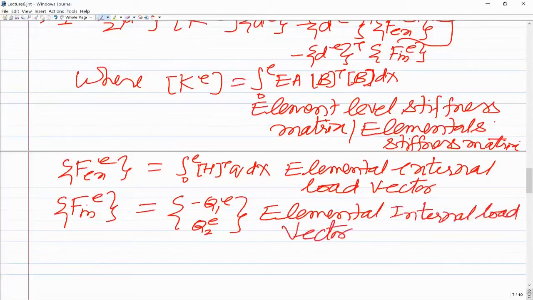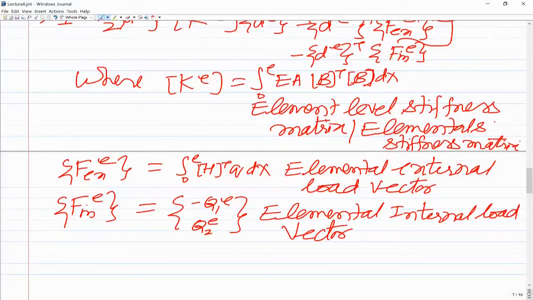So we have now defined the stiffness matrix of the element, the external load vector, and the internal load vector. All these quantities we have defined, but still we haven't got two equations for finding u1 and u2. So how do we get those two equations?